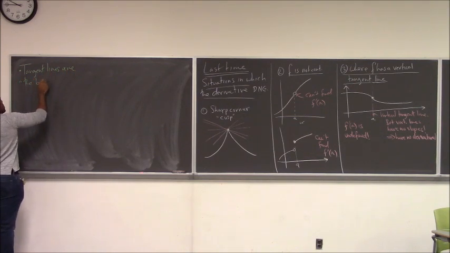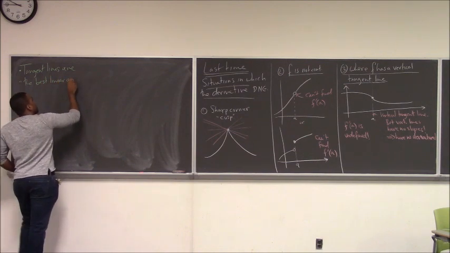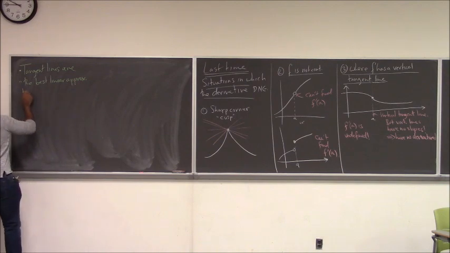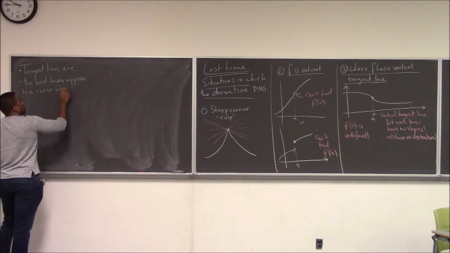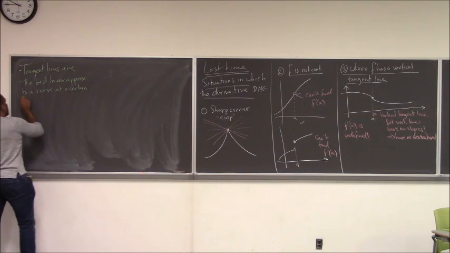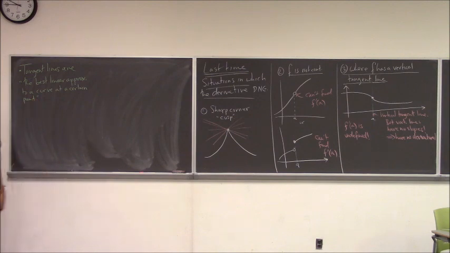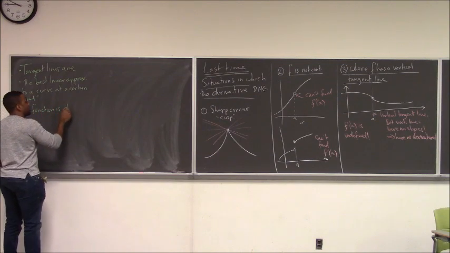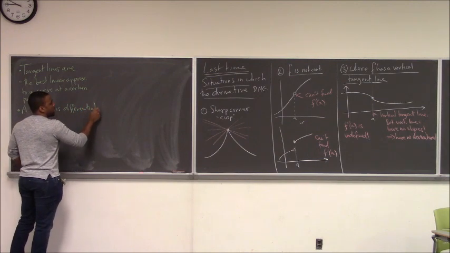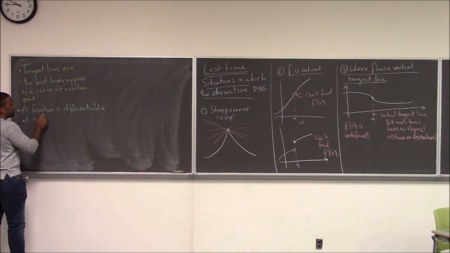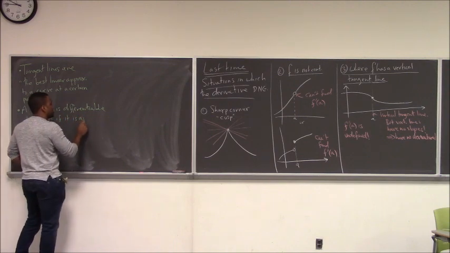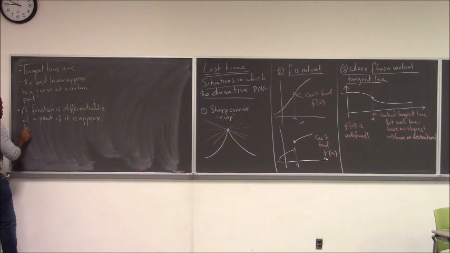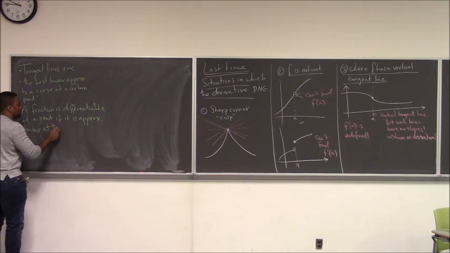Basically, the best linear approximation at a certain point, which also implies that a function is differentiable, that we can find a derivative at a point, if it is approximately linear at that point.